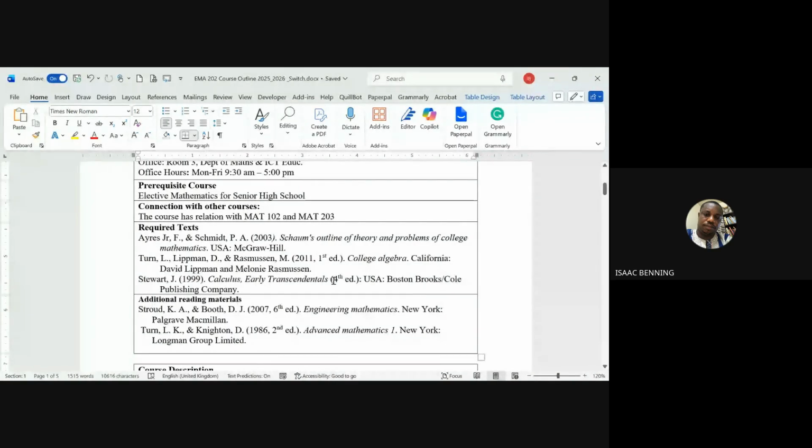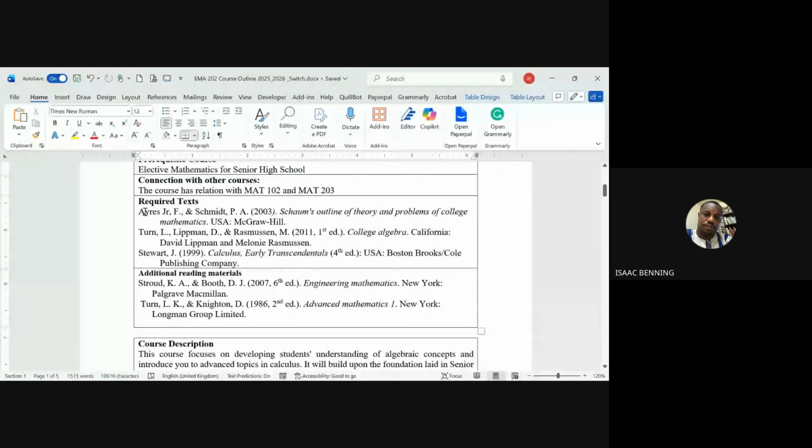Required textbooks that you'll be using: Schaum's Outline of Theory and Problems of College Mathematics. Then we shall also use College Algebra authored by Ten and his colleague. Then for calculus, Early Transcendentals, authored by Stewart.